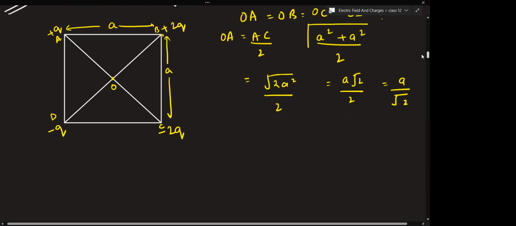At least find out the direction at point A for Q, for plus 2Q, for minus 2Q, for minus Q. Write down all the directions.